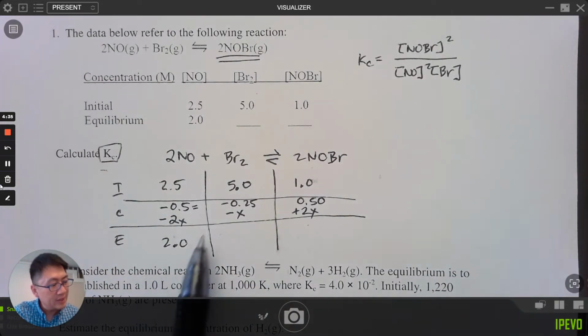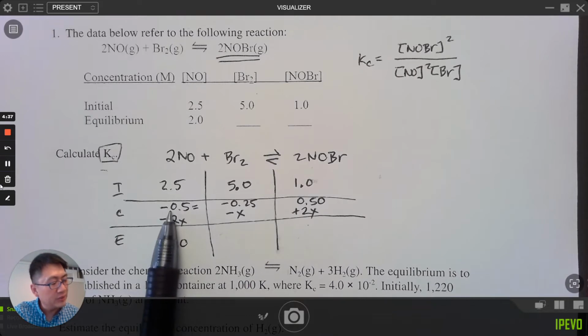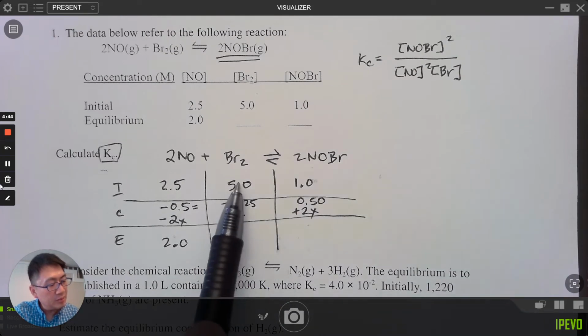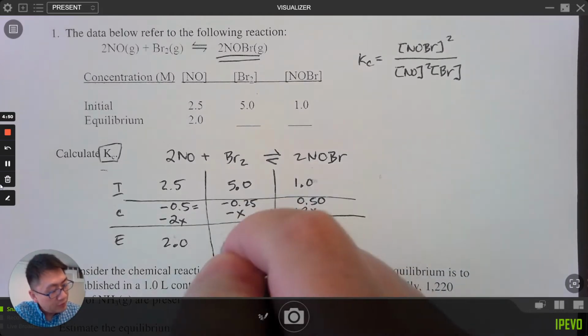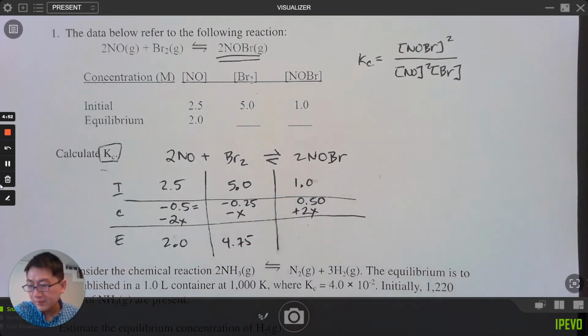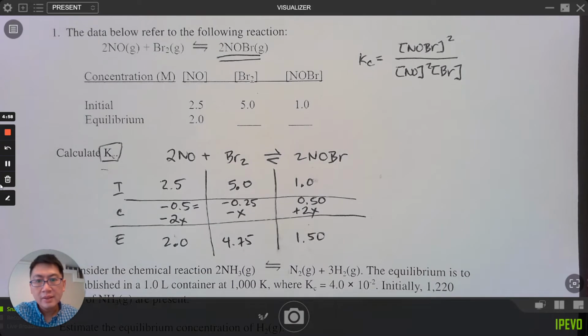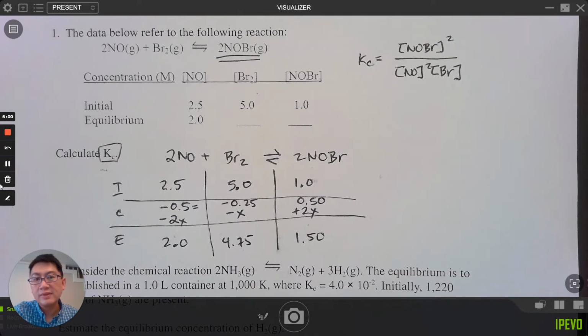Or you can see that as negative 2x, which is negative 0.5, and this is positive 2x, or positive 0.5. The initial amount plus the change is equal to the equilibrium amount. 5 minus 0.25 is 4.75. 1 plus a half is 1.5. So now I have this data table filled out.